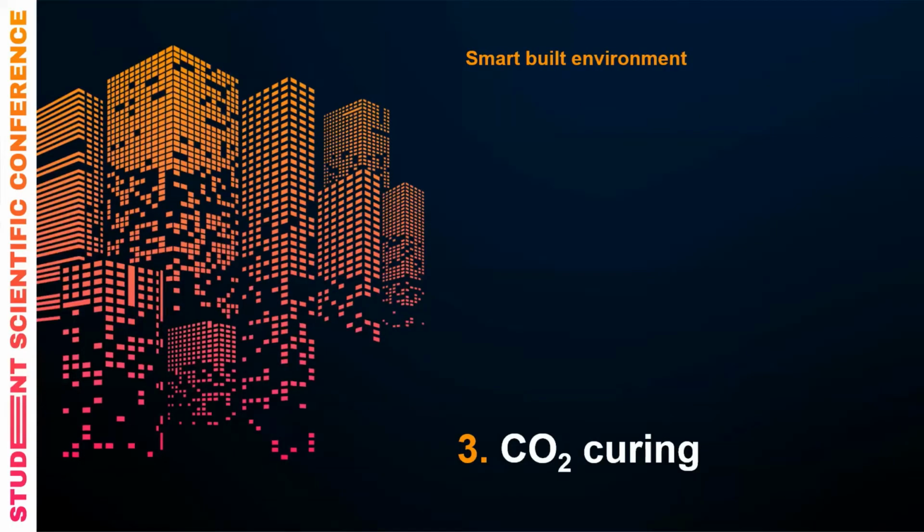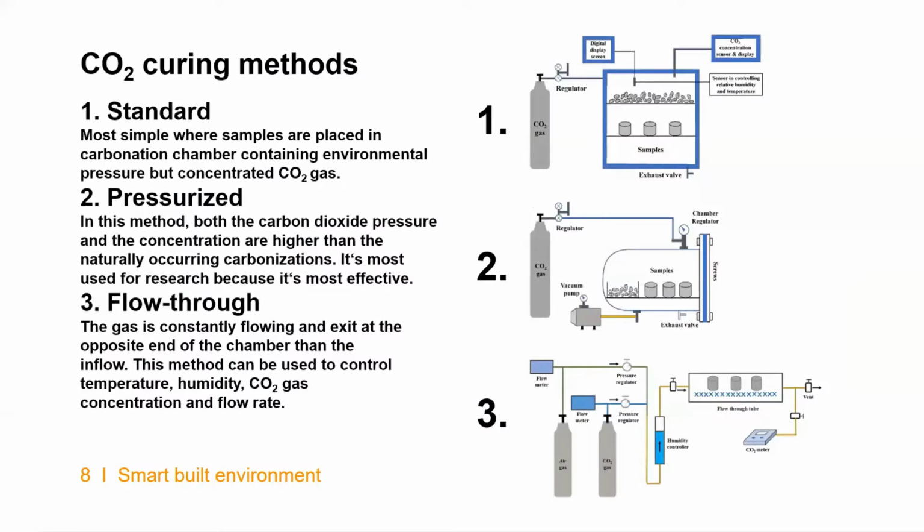So let's talk about carbon dioxide curing. There are three main methods of accelerated carbon curing of concrete. First, the most simple, where samples are placed in a carbonation chamber at environmental pressure but with concentrated carbon dioxide gas. Another method is pressurized.